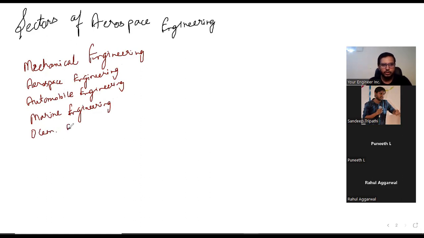Because in ocean engineering there are two things. One is offshore things, which means near the sea or near the ocean, at the edge of it. That's basically ocean engineering. Marine engineering is like oil drilling and all those things. But technically, marine engineering can also be called petroleum engineering. So petroleum engineering is also a thing.